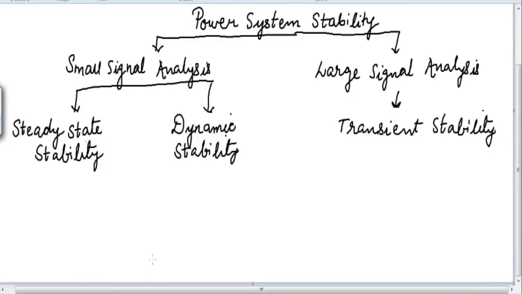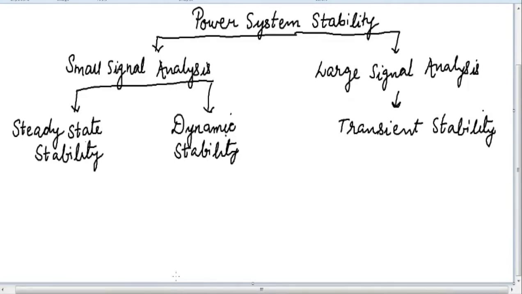There can be disturbances, and if our power system, operating under normal operating condition, regains an acceptable state of equilibrium after it is subjected to the disturbances, then we will say that the system is stable.